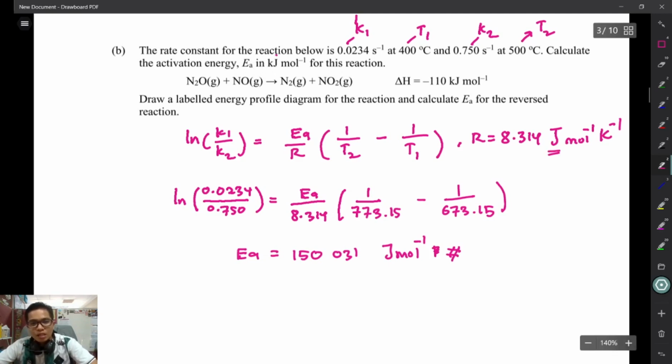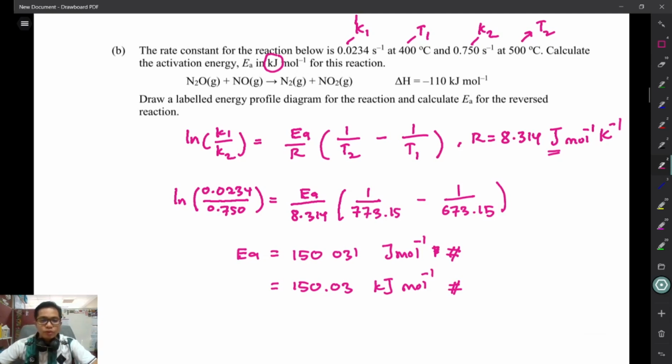Question wants in kilojoule, so your answer must be divided by 1000. So it will be 154.03 kJ per mole.